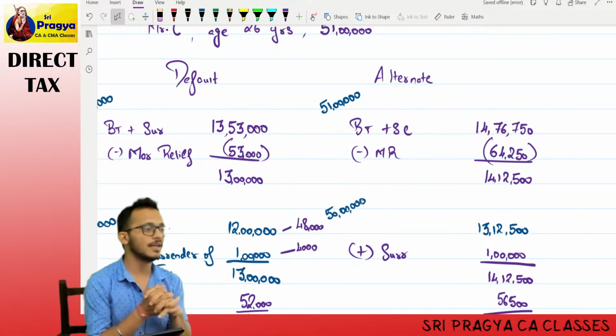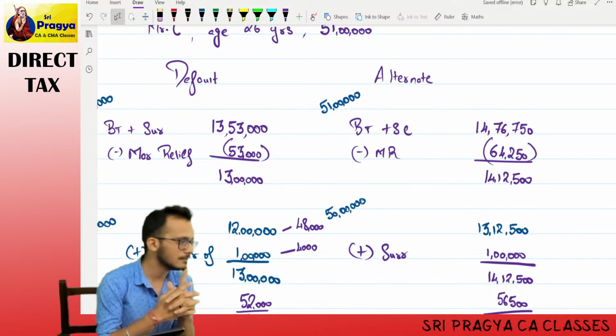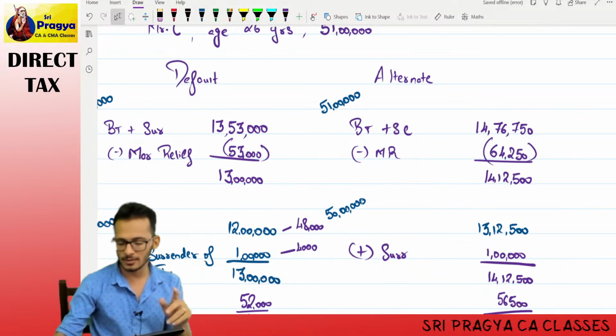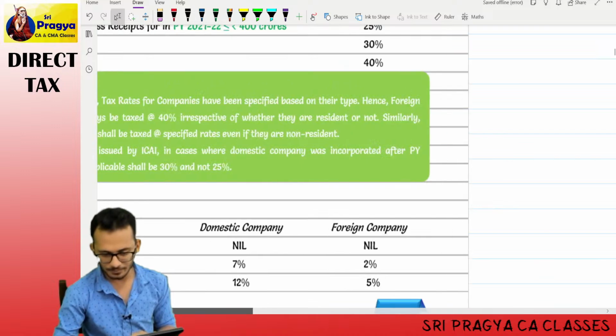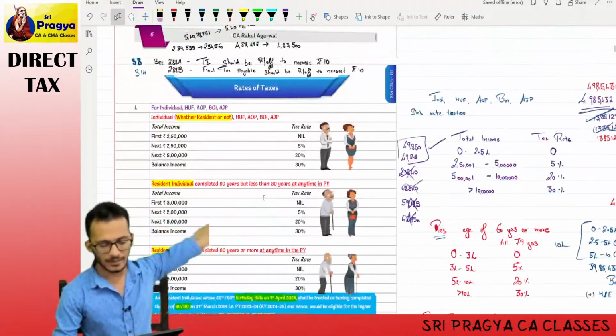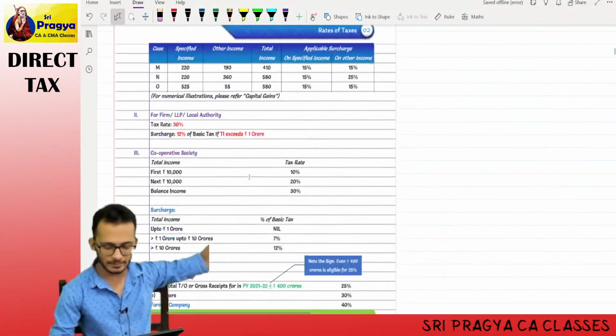As of now, what to read and come for the next class? Chapter number 2, page number 1 fully. Ignore page number 2. Read page number 7. Ignore 8.